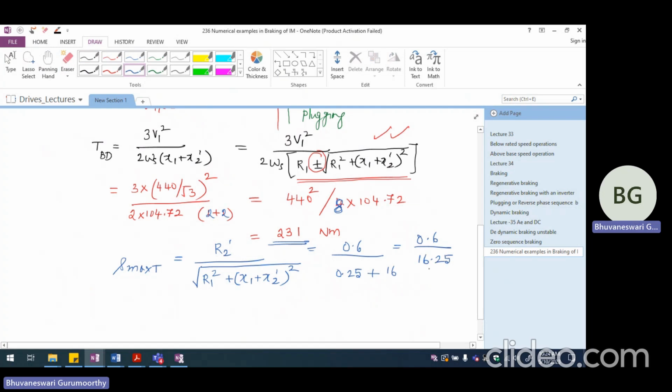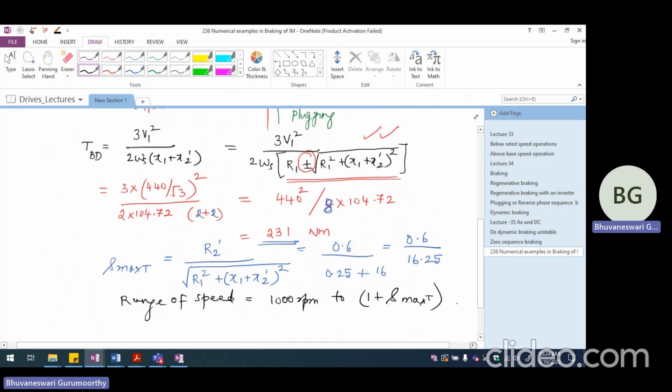Okay, so I should write that the range of speed in this particular case will be from synchronous speed, which is 1000 RPM, to 1 plus S max T multiplied by 1000 RPM. So this is going to be the range of speed under which regenerative braking will take place successfully.